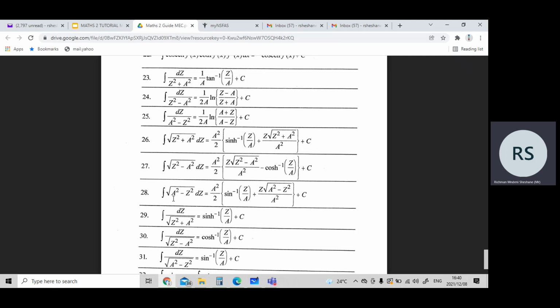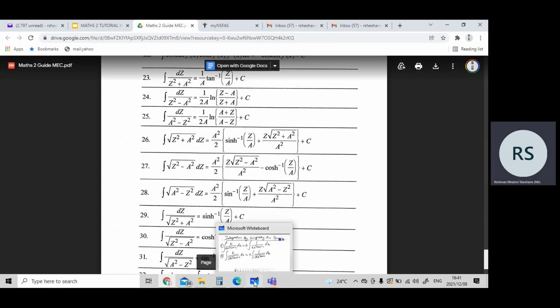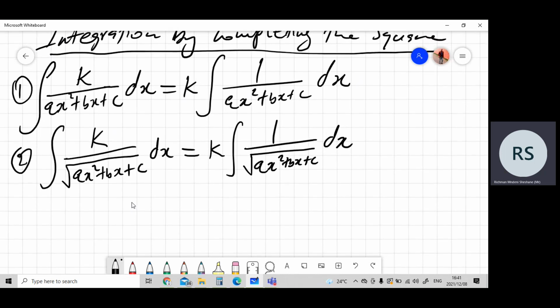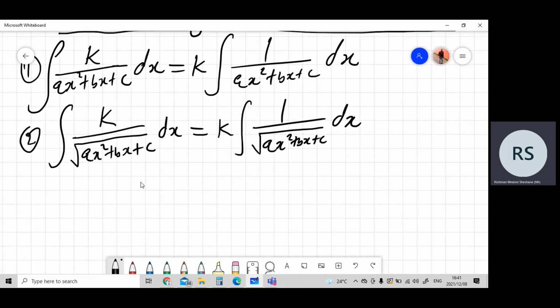Once you put each term in squared form, you choose a and z, with z a function of x and a a constant. You'll see examples if you want. Let's go back here. You look for these forms; all these forms tell you that you're using integration by completing the square.